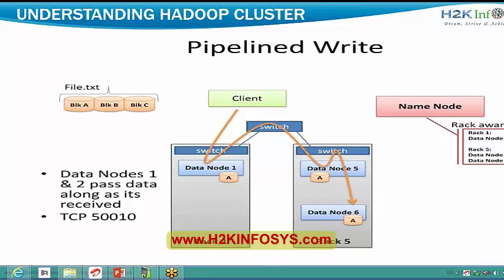Until this block A is written properly and replicated thrice, what is the meaning of going to the next part of the file, because that block of the file is not written properly? There may be any case causing a failure, right? So he has to wait until he sees the actual problem and gets a proper acknowledgement stating that block A has been written properly. He will not proceed to block B.